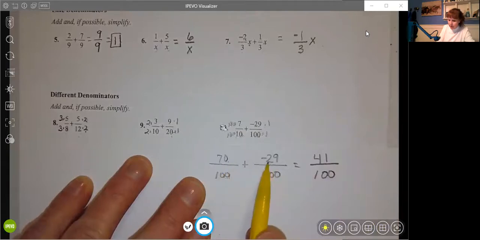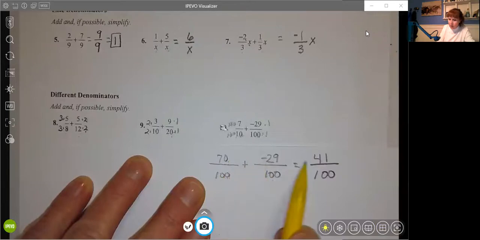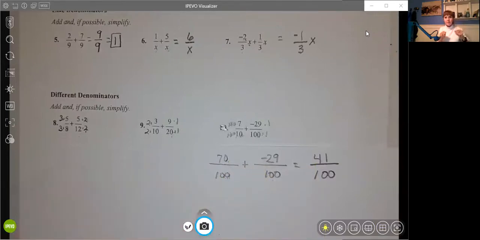So 29 of these negatives are going to take care of 29 of these, which leaves us with 41 positives. Now, what about reducing? Is there a number that goes into 41 and 100 both? No, 41 is prime. And so it's done. 41 over 100.